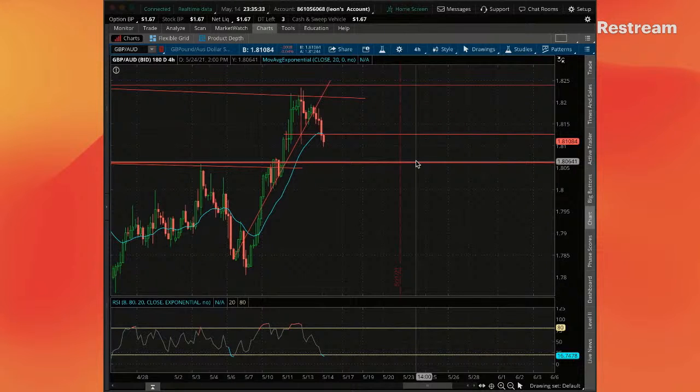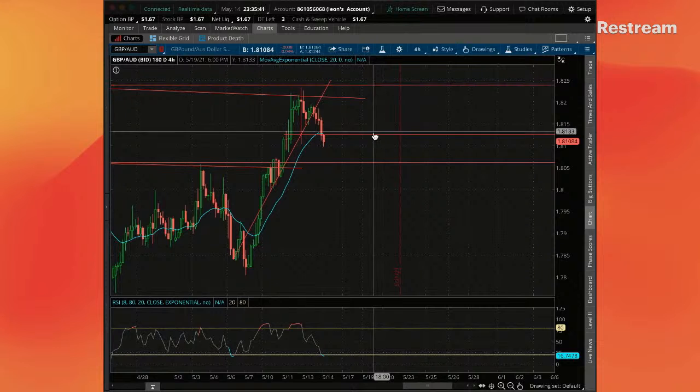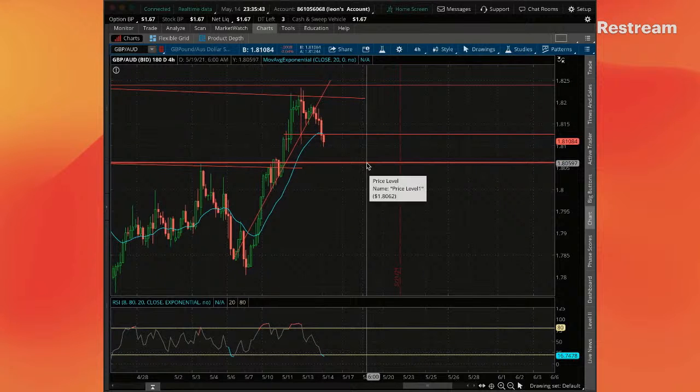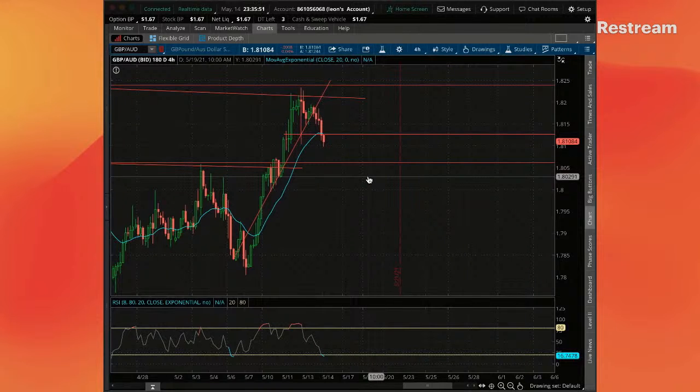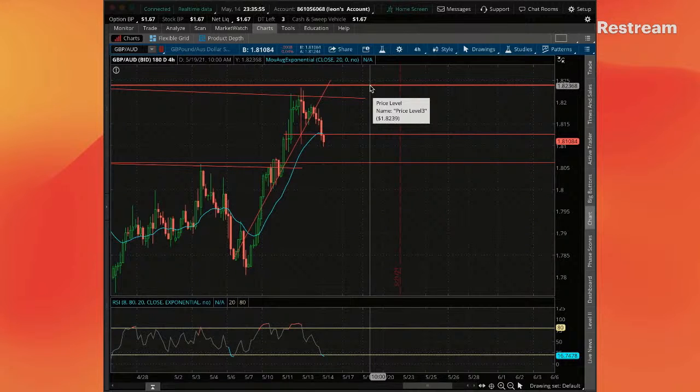You can get in that price action, risk a couple of pips to make some very good pips, right? Figure if you get in down here, if it gaps open at 80.60, you set a 20, 30, 40 pip stop loss, and you set a take profit to 82.30. I mean, that's some pretty good odds right there.